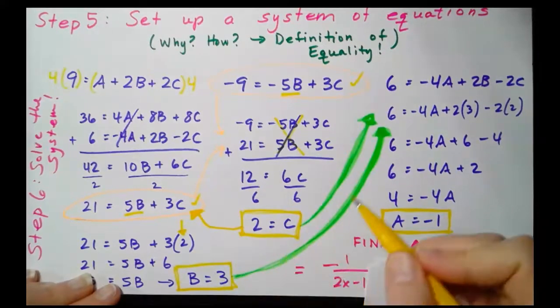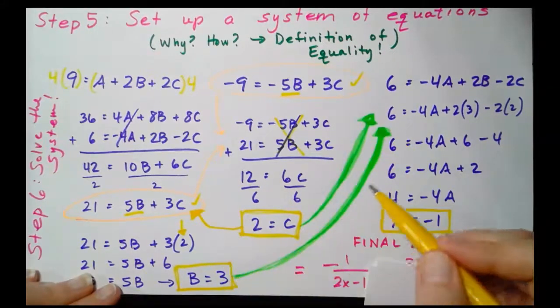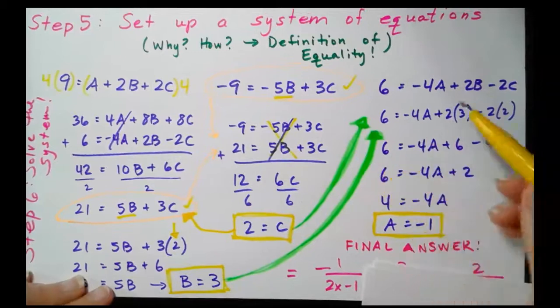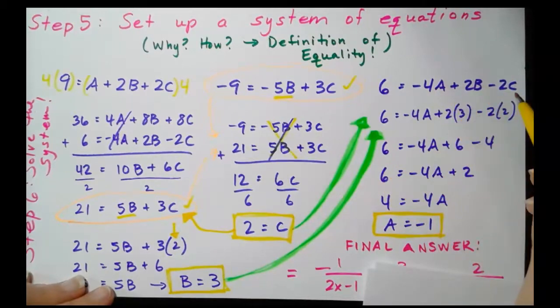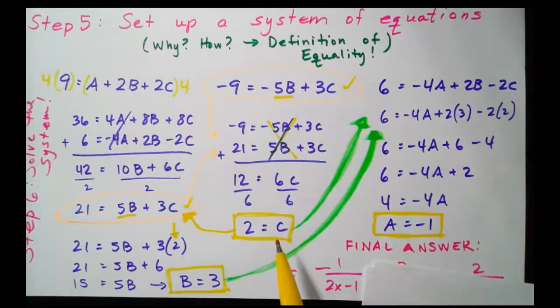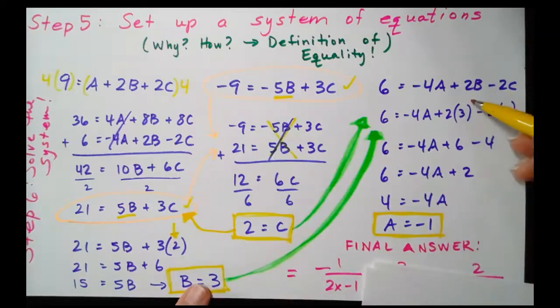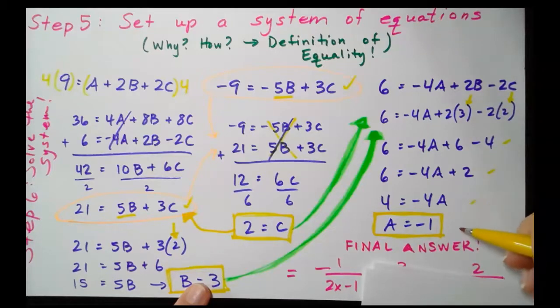We're going to take both of those values, the b value and the c value, and I chose this third equation that we really haven't even done much with yet, and I'm going to plug in the c value and the b value in there and there, which will allow me to solve for a. So now I know a, I know b, I know c.